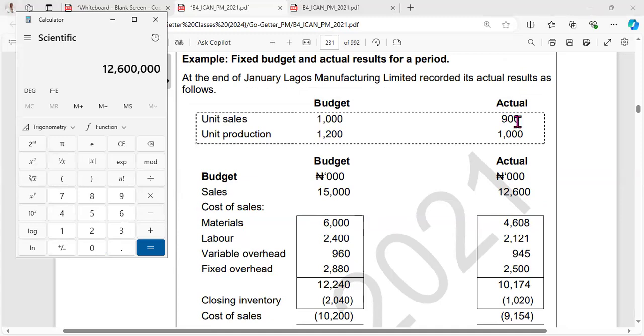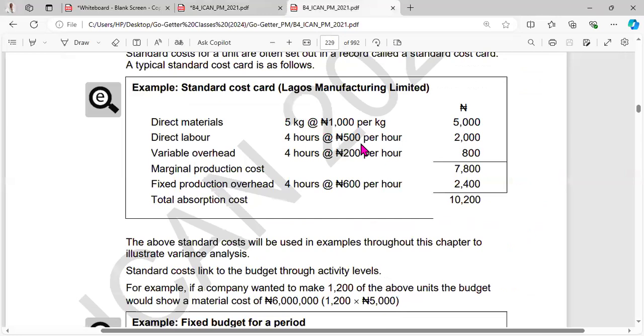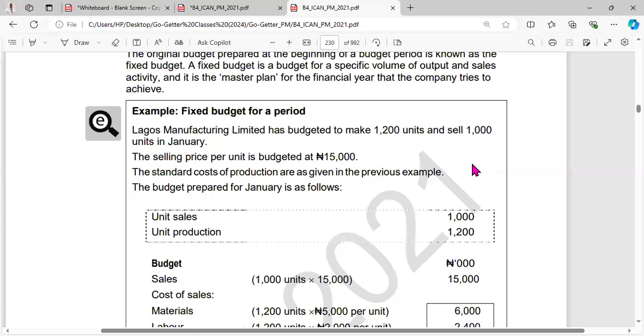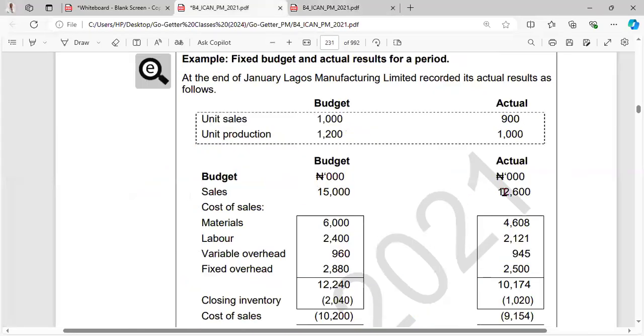And now we sold how many? 900. If I divide it by 900, it means that we sold it for 14,000 as against 15,000 selling price. That is what it means. We sold it for 14,000 per unit. And that's why we got this.